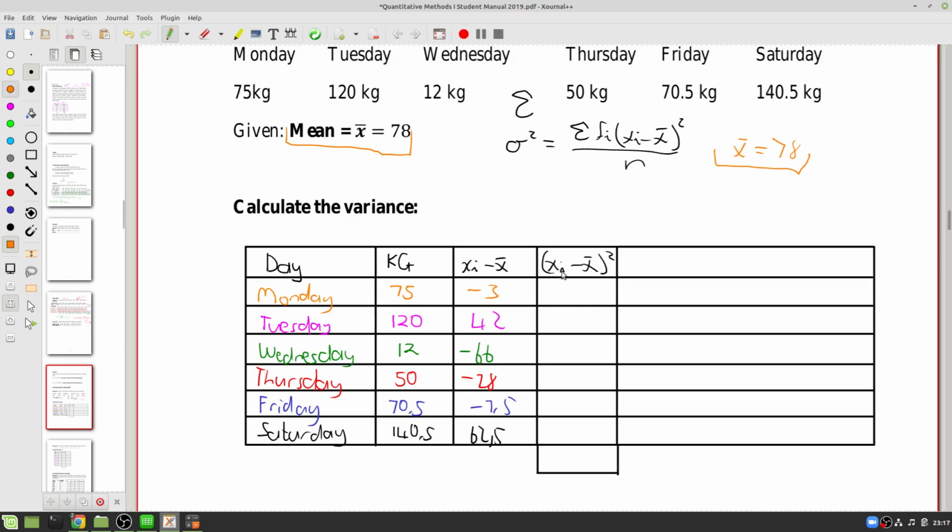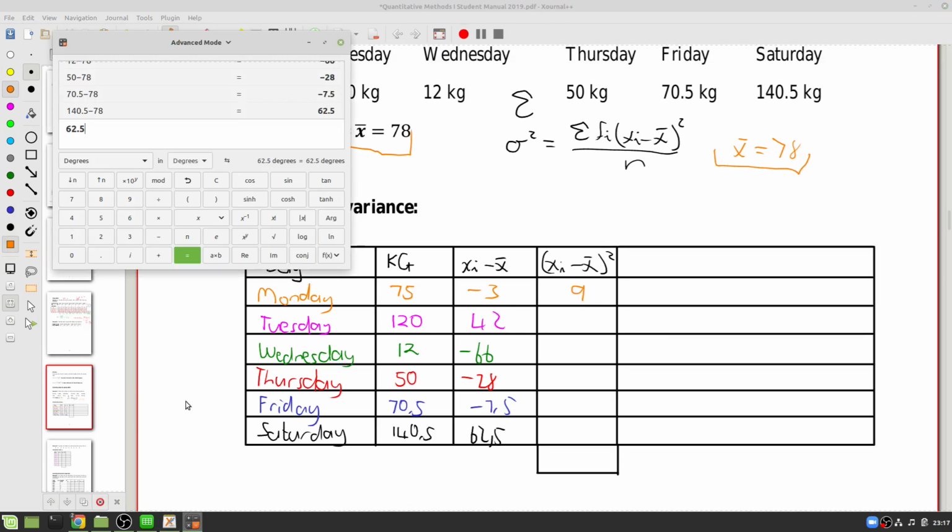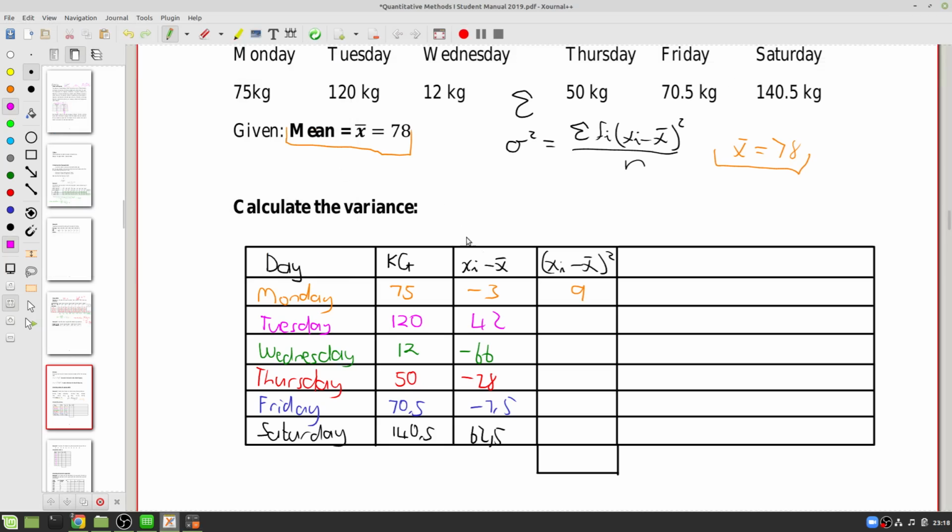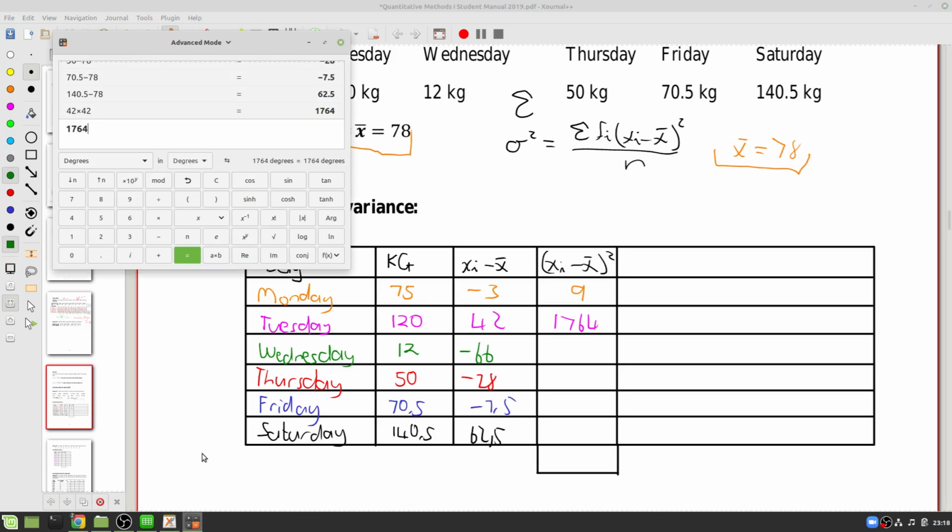All right, so now we're going to take this value and square it. Negative 3 times negative 3, 9. 42 squared, 42 times 42, 1764. Negative 66 squared, and we can put the brackets just to show you, we don't need to care about the negative because negative will always fall away if we square it. So 4356.